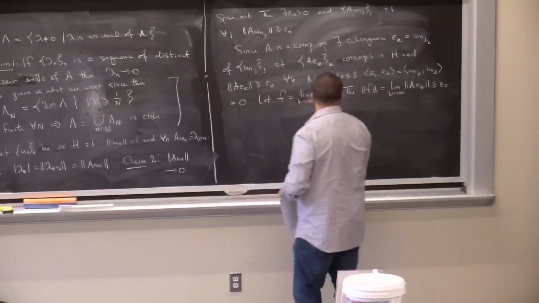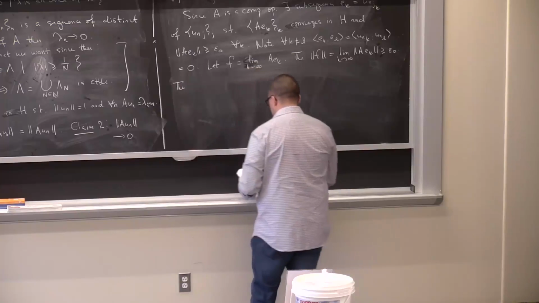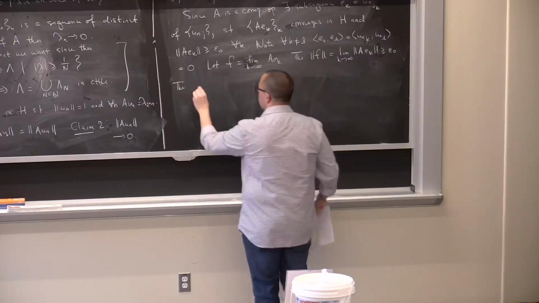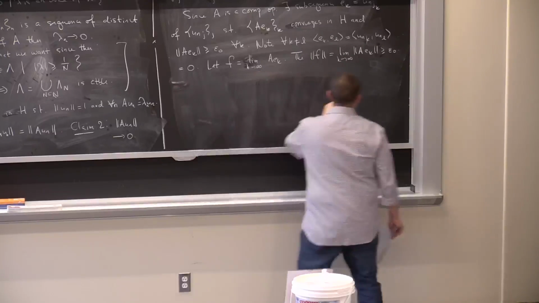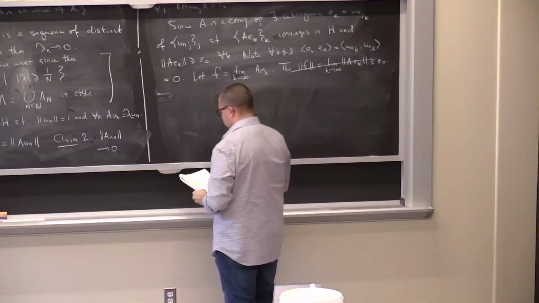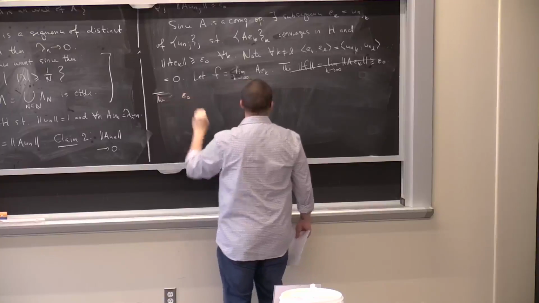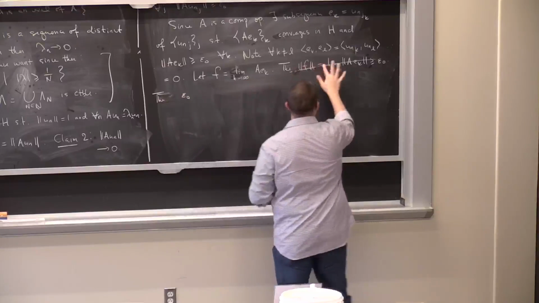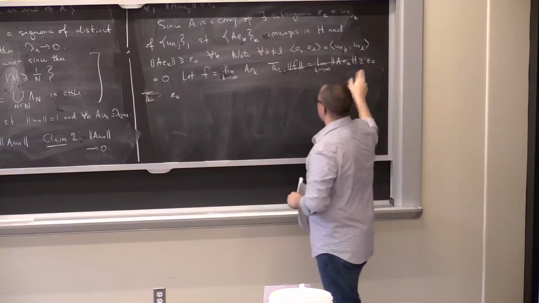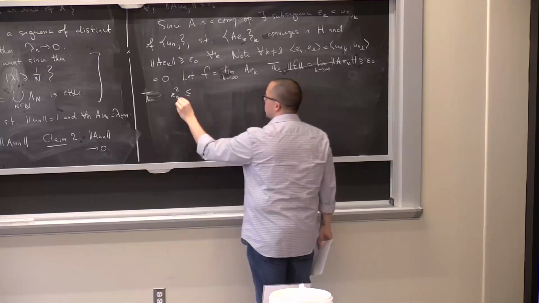So the norm of f is bigger than or equal to epsilon 0. So the norm of f squared is bigger than or equal to epsilon 0 squared.